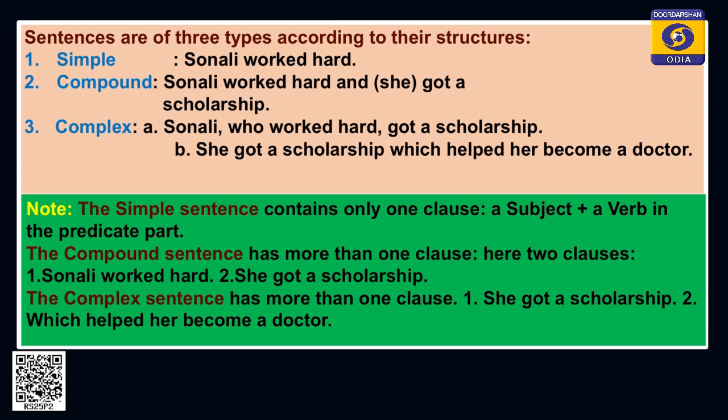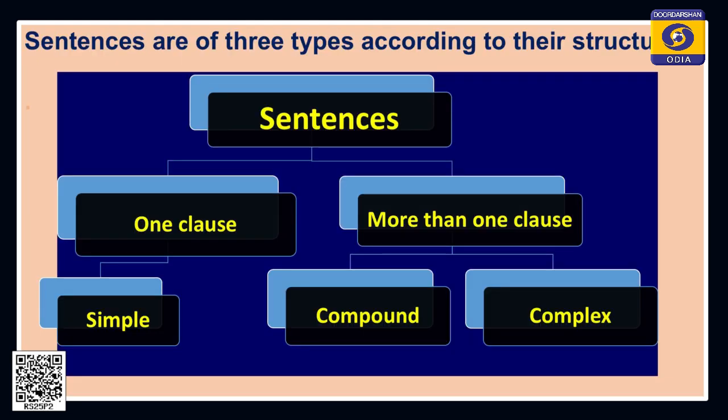We examined the examples: Sonali worked hard and got a scholarship. Sonali, who worked hard, got a scholarship. She got a scholarship which helped her. All these things we have already discussed, and we have also analyzed the diagram of sentences.